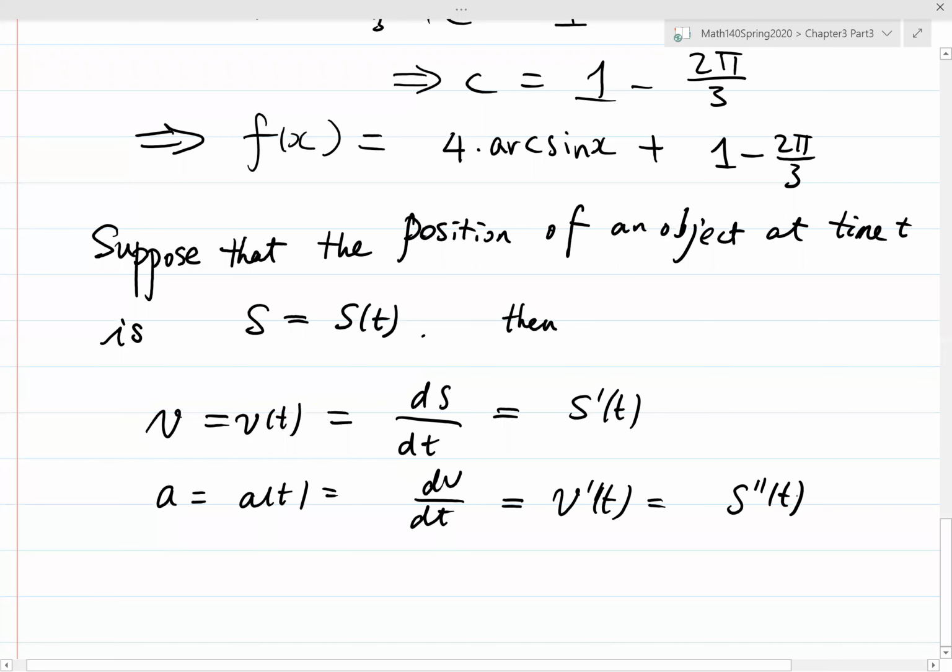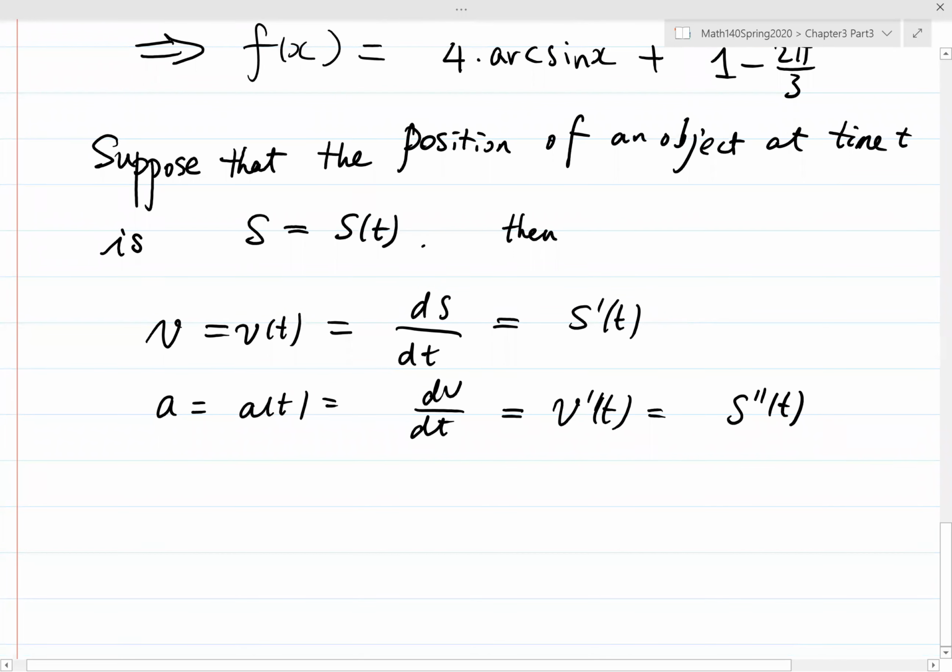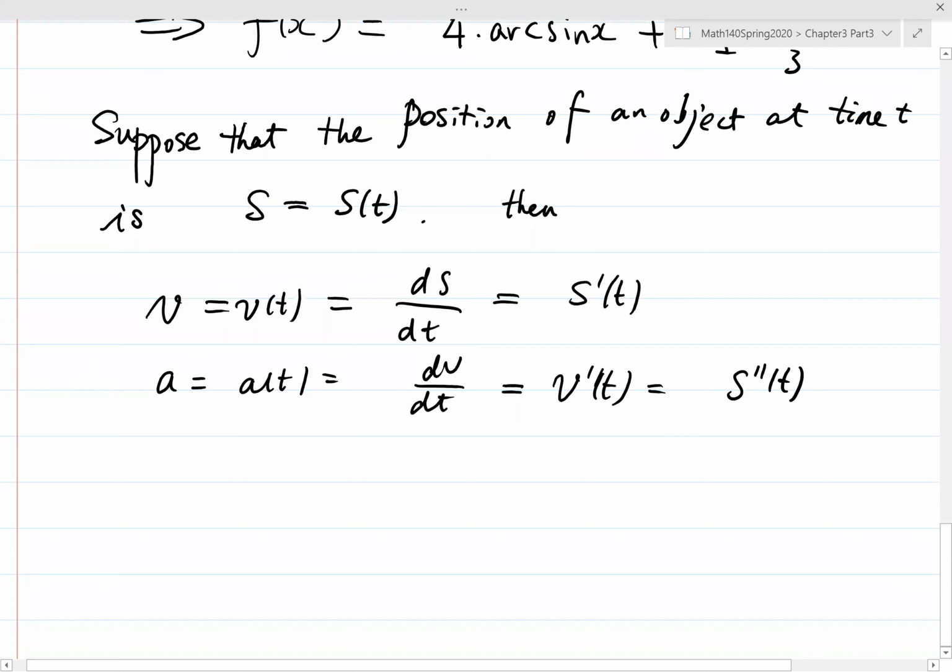Now, actually, from acceleration we can solve for velocity, and then from velocity we can determine the position function. If we are given acceleration, how do we determine velocity?